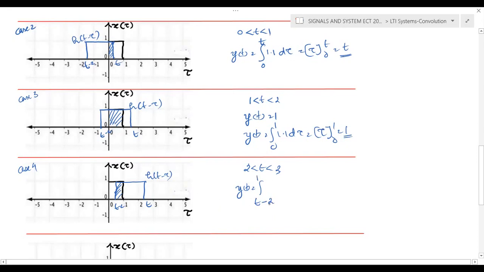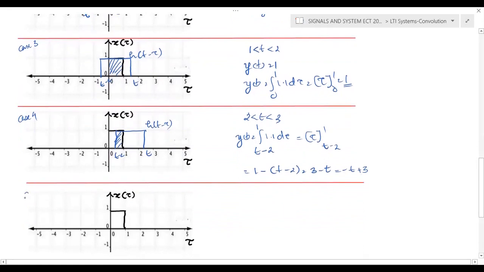So we will integrate from t minus 2 to 1. And during this interval, the signal magnitude is 1. Then after integration, it will be tau. Now we need to apply the limit t minus 2 and 1. So 1 minus t minus 2, it becomes 3 minus t. Okay. Or I can write minus t plus 3. This is the case 4.